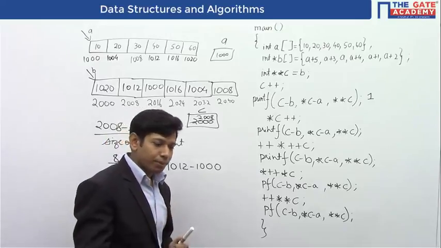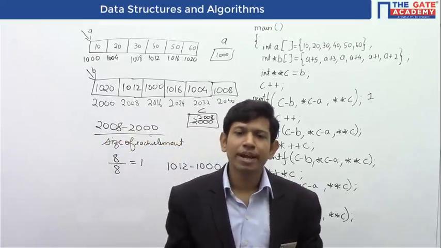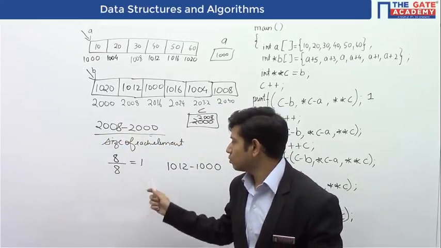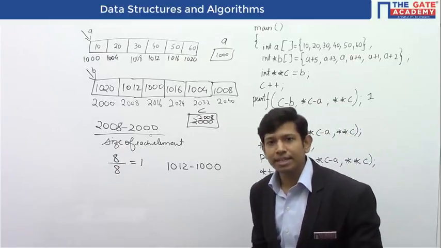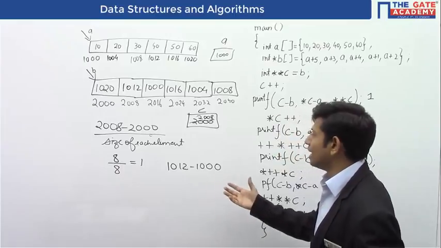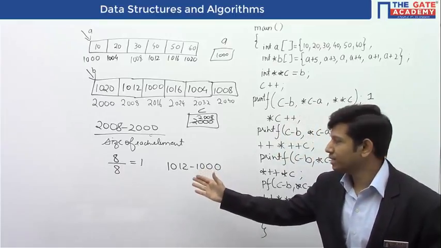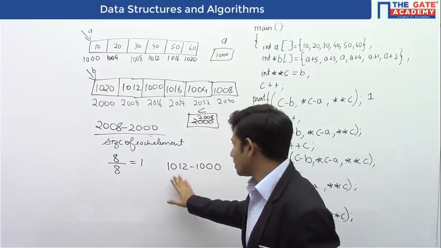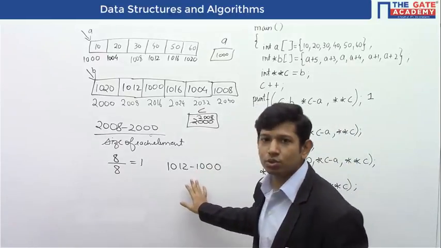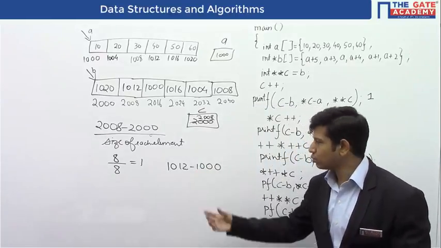Again, subtraction of pointers, subtraction of memory addresses does not mean subtraction of two numbers. It represents the number of elements between those locations pointed to by these two memory addresses.